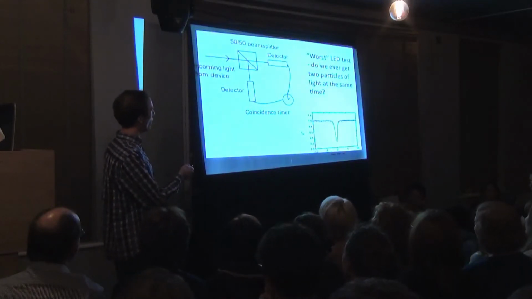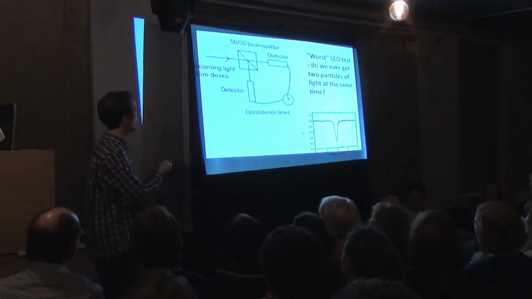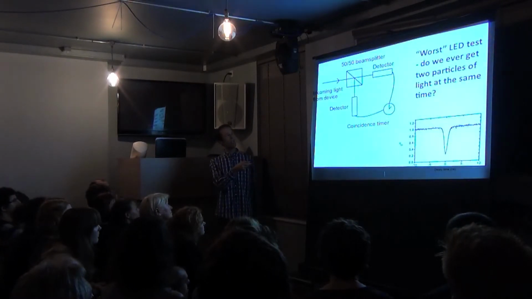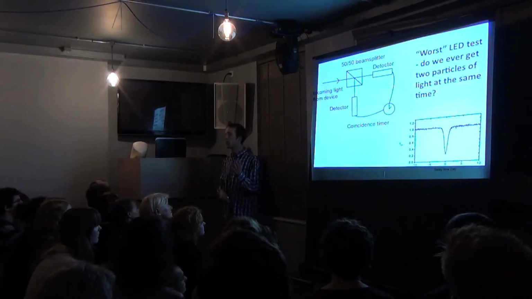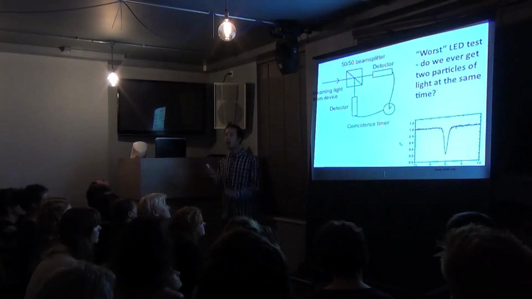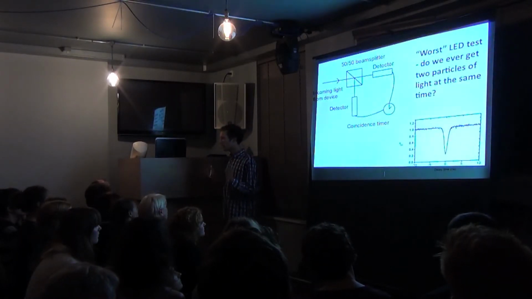We've got two detectors, which can each pick up one of these individual particles of light, and what we call a beam splitter. When the particle of light comes in here, if there was lots of light, half of it would go one way, half the other. But we've got this tiny amount of light that we can't split, so it can only go one way or the other. So if we've got one of them, we can never actually see two clicks on these detectors at the same time.